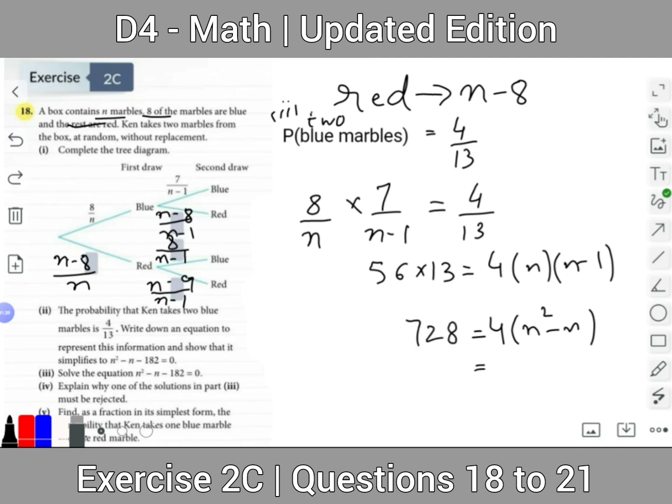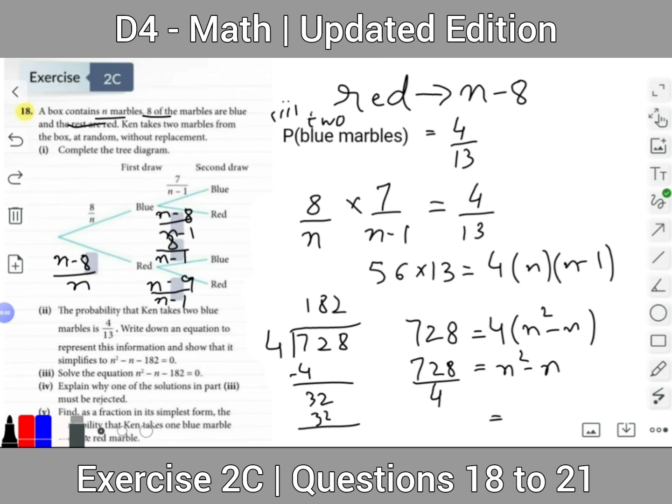So now since this 4 is multiplying here, it will divide 728 on the other side. 4 ones are 4, so here we have 32. 4 8s are 32, and 4 2s are 8. So here we have 182 equals n square minus n.